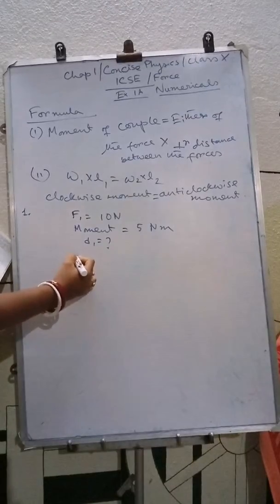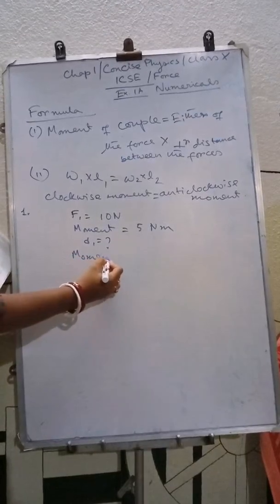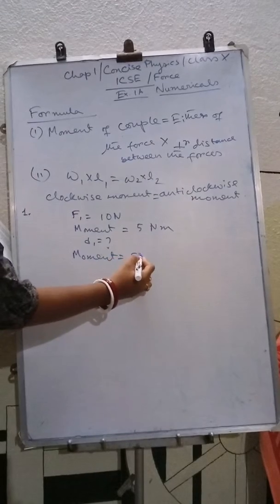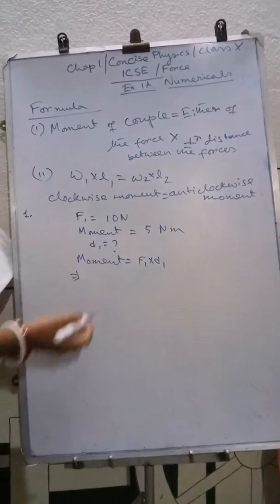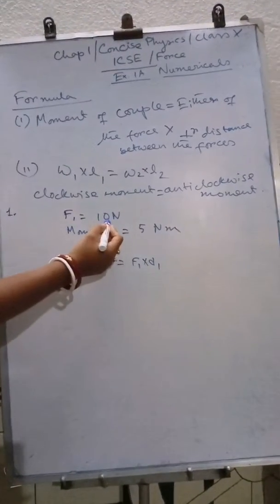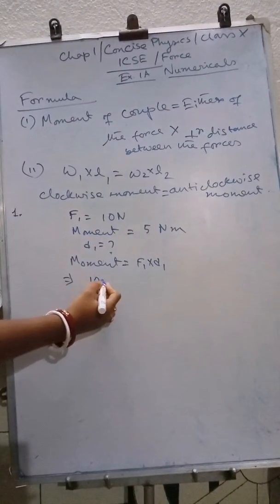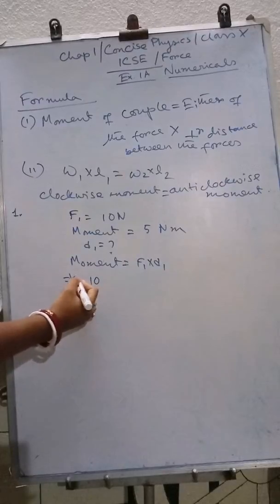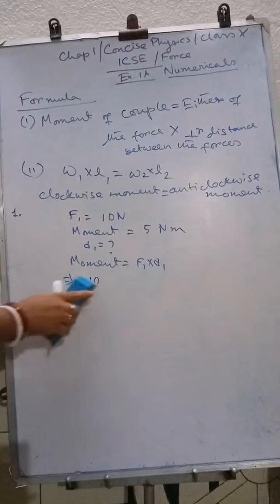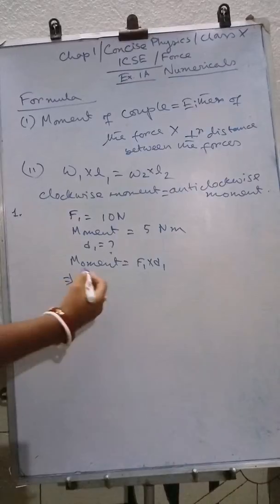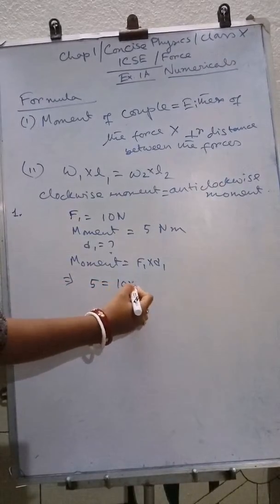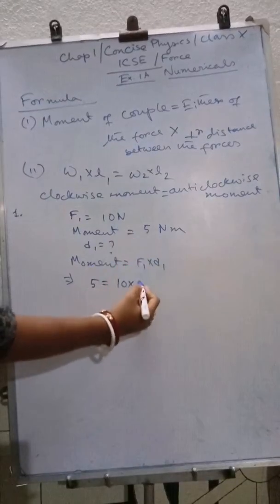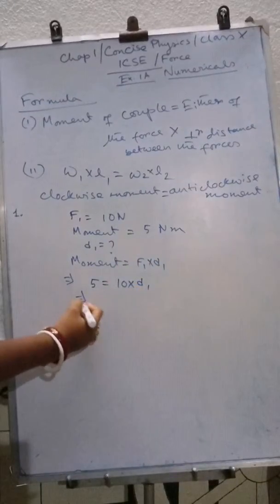If we apply the formula, moment equals F1 d1, and we place the values: moment 5, force 10, and keep the distance as d1.